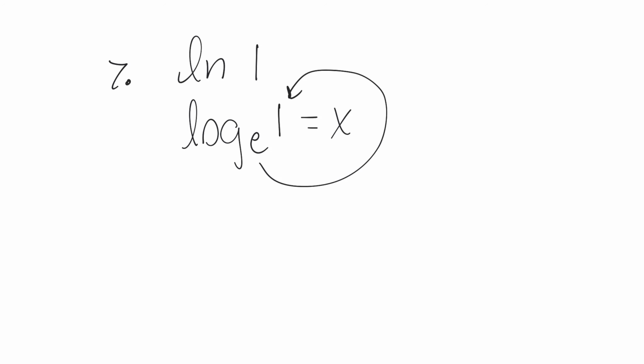If you're looking at your notes, we're down here at number 7. If you're given a natural log and asked to write it in exponential form, you are simply going to put it as a log base e, and from there, you're going to do your loop-de-loop and rewrite e to the something equals the number. What if we've got something a little bit more complex?